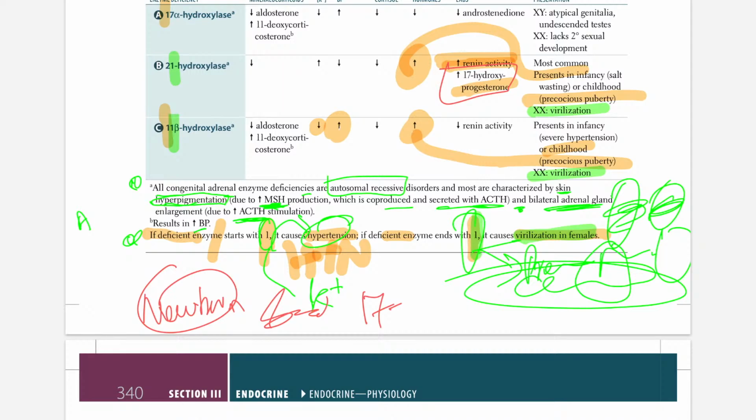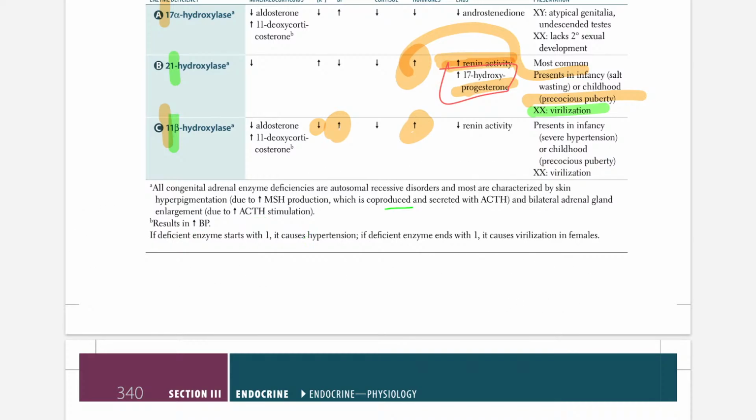Okay, and just a normal thing about the testes and ovaries. If you recall, the testes have two cells, which we did talk about when we talked about FSH and LH. But here again, Sertoli cells and Leydig cells.